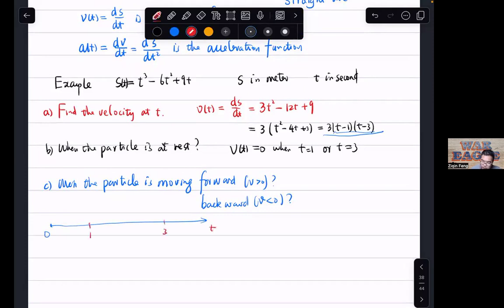This is our time. From 0 to 1, both terms are negative, so velocity is positive. From 1 to 3, one term is negative, one term positive, so the product is negative. If t is greater than 3, both terms are positive. So this is what's going on here.